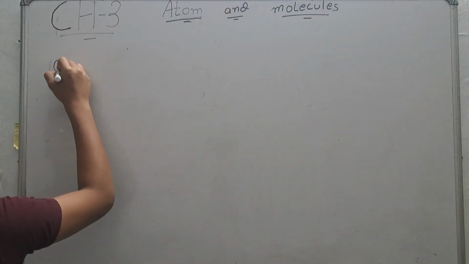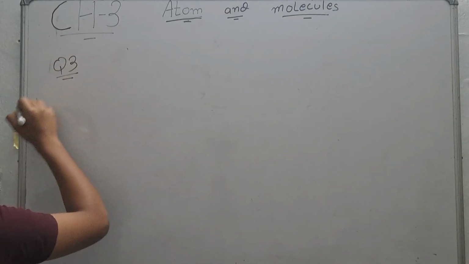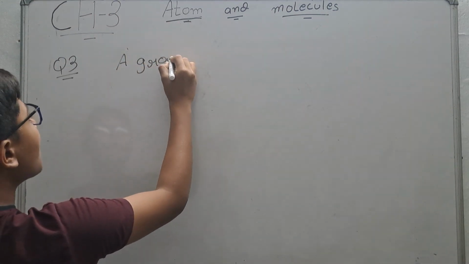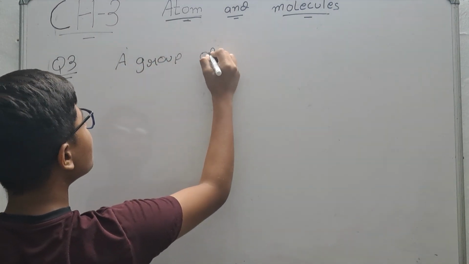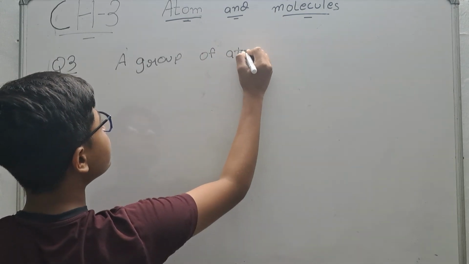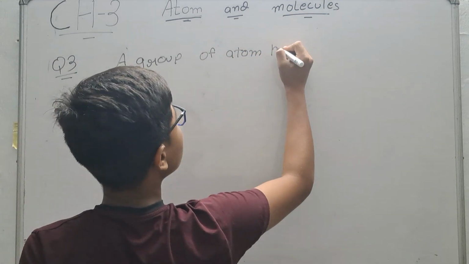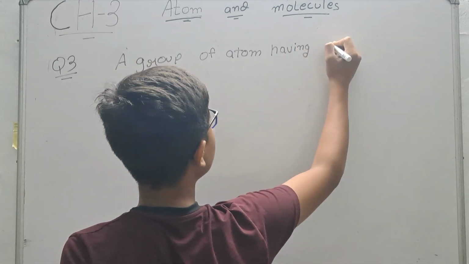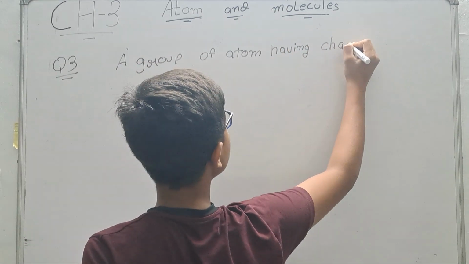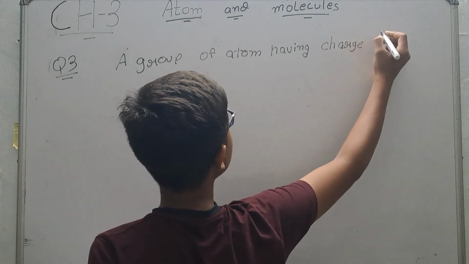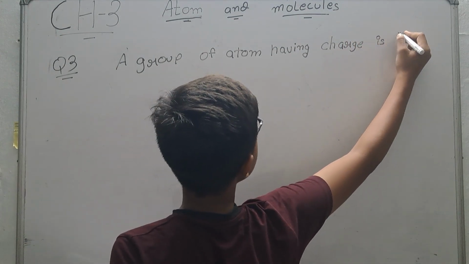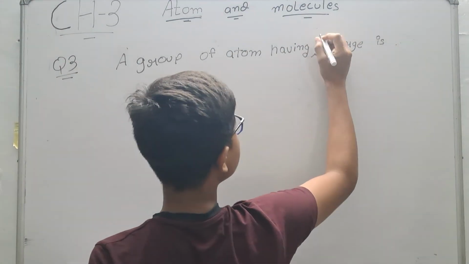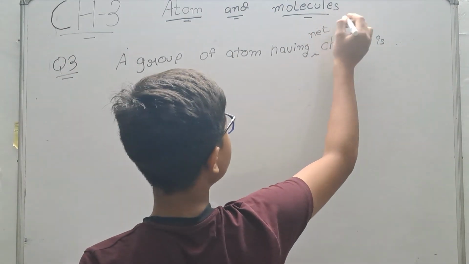The polyatomic ions are a group of atoms having a net charge. Not charge, net charge.